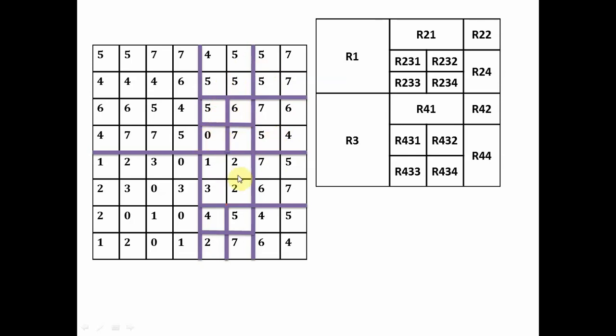Similarly, R4 is divided into four parts: R41, R42, R43, R44. But R43 was showing some discontinuities or non-regularities, so you have divided R43 into four parts: R431, R432, R433, and R434.